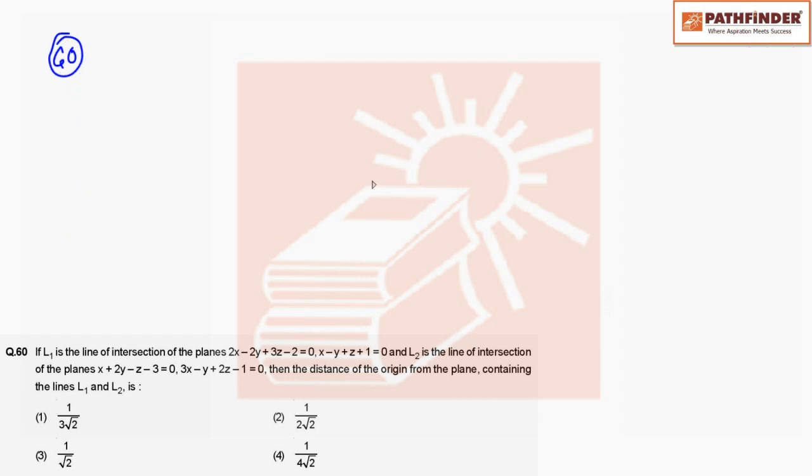Question number 60 is a question of three-dimensional geometry. L1 is the line of intersection of the planes 2x minus 2y plus 3z minus 2 equal to 0 and x minus y plus z plus 1 equal to 0. Now this is an equation of a family of planes.